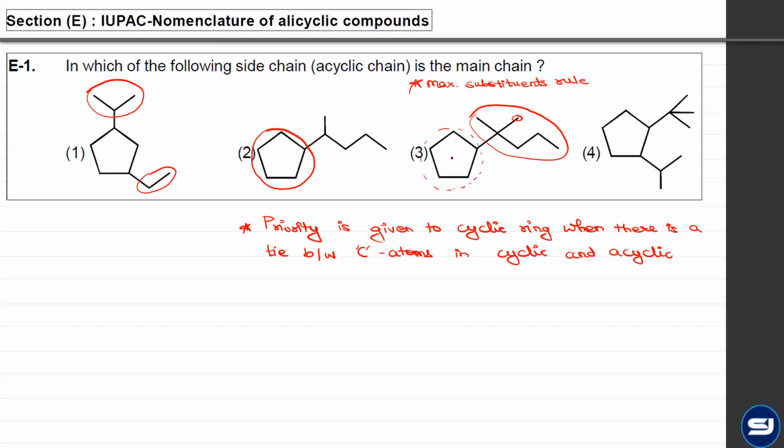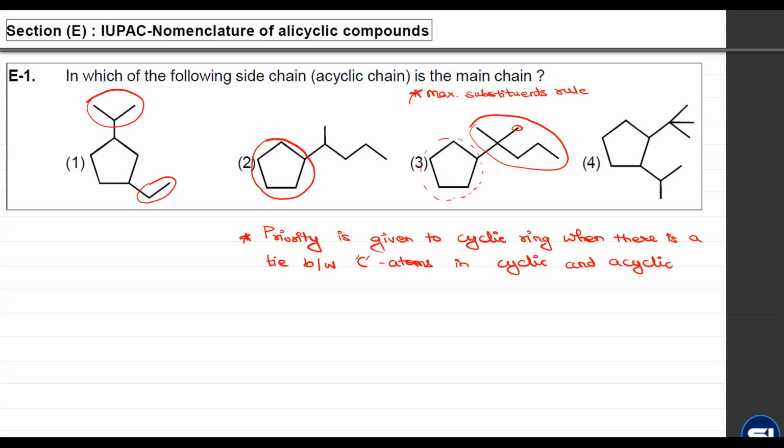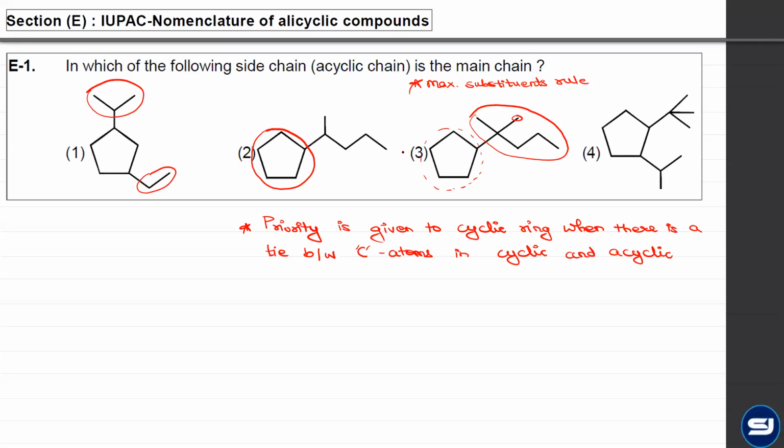So when there is a clash and the carbons and substituents are also the same, give priority to the ring, but if the carbons are the same and substituents are different, then obviously you have to identify with respect to the maximum substituents rule. So in this case the answer will be option 3 because acyclic is the main chain in this case. Clear? Yes or no?